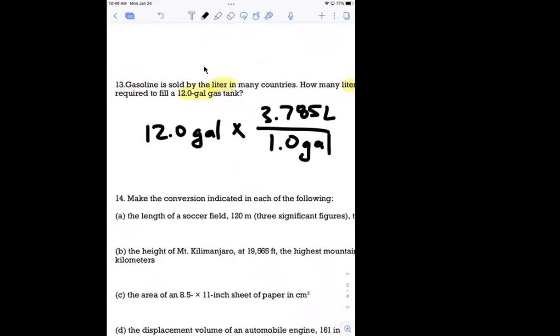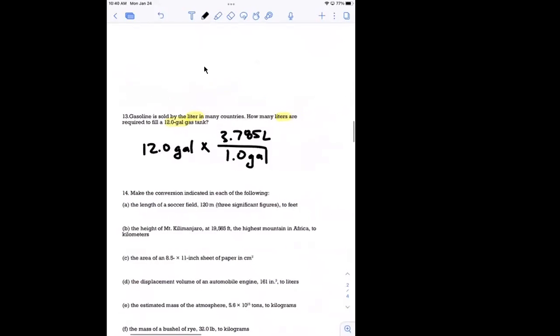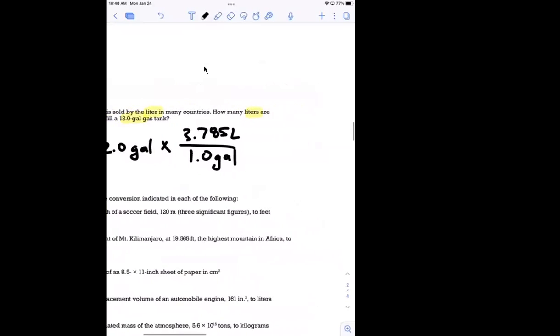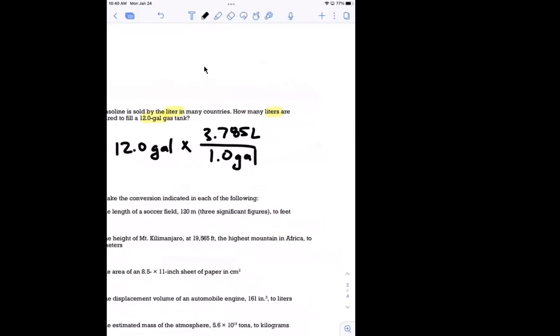Yes, sir. All right. So now we also keep in mind our units and our sig-figs. There are no prefixes, so we don't have to worry about that. But now we can see that the answer needs to be in 2 significant figures because this is 2 sig-figs, that's 2 sig-figs, and this is 4 sig-figs. So all we're doing now is just multiplying those 2 numbers.